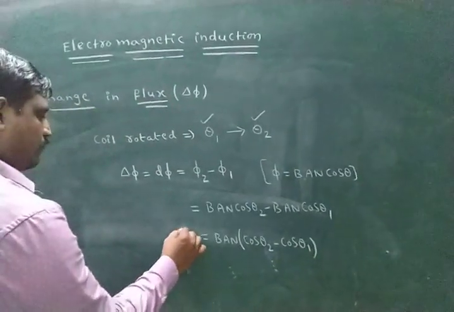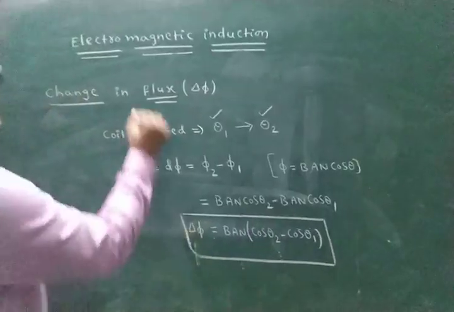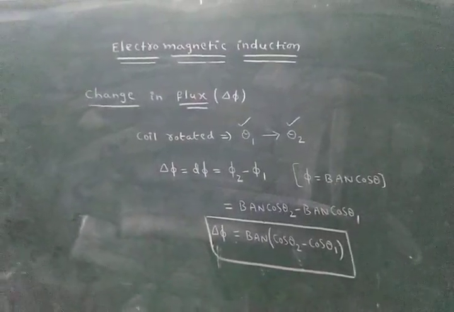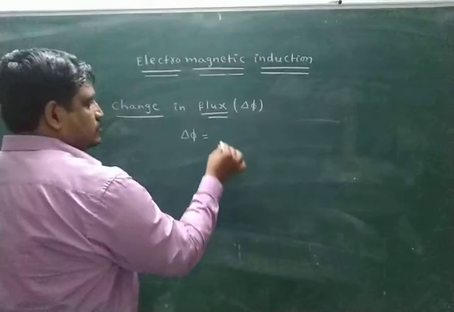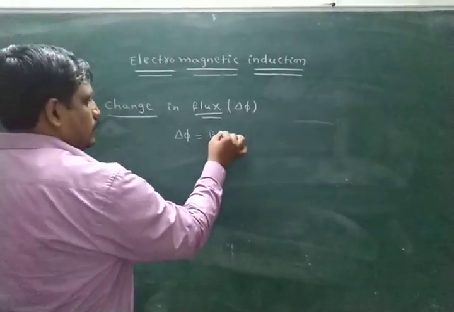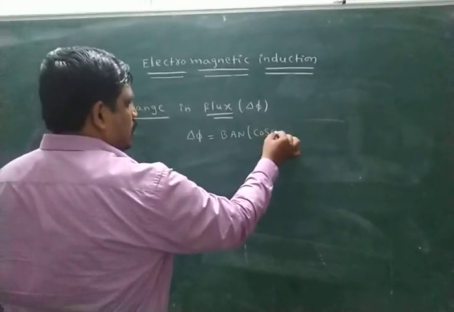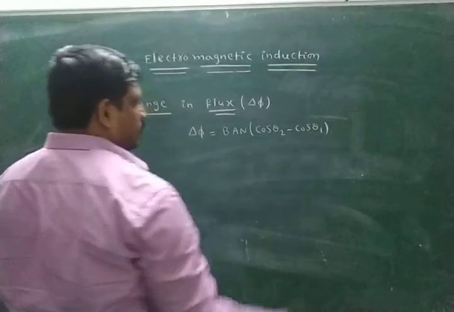This is the formula for change in flux. The change in flux is B A N into cos theta 2 minus cos theta 1.